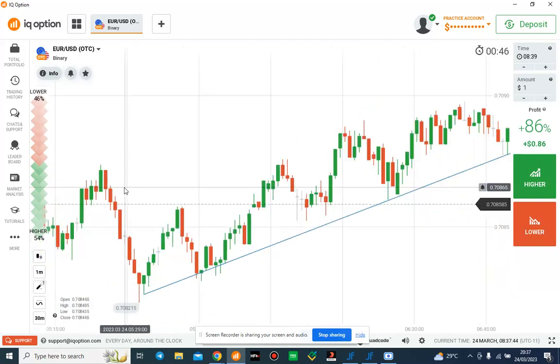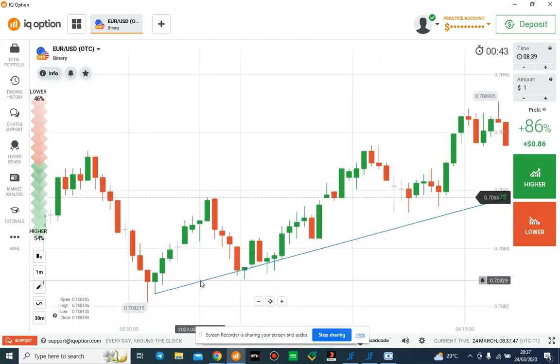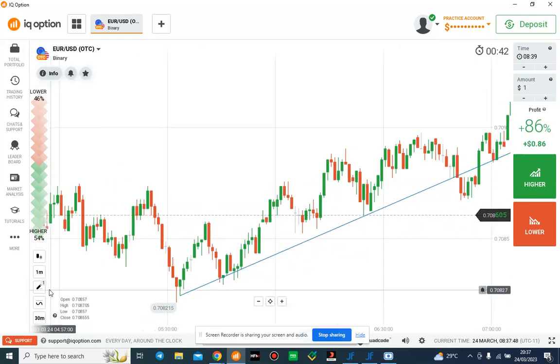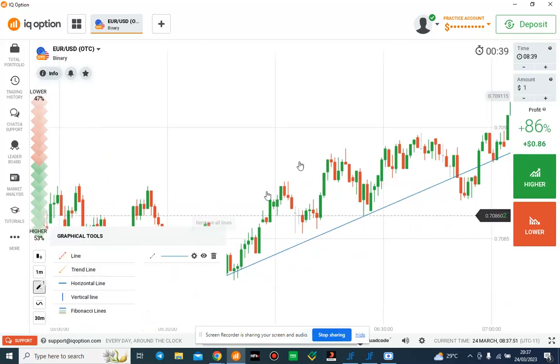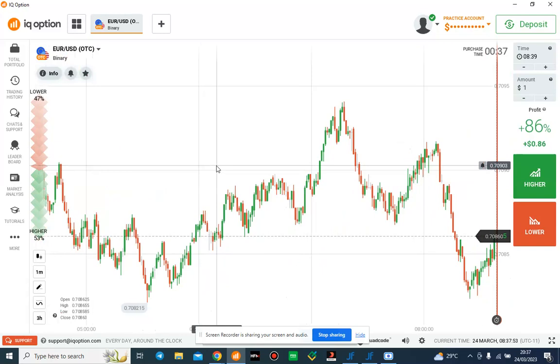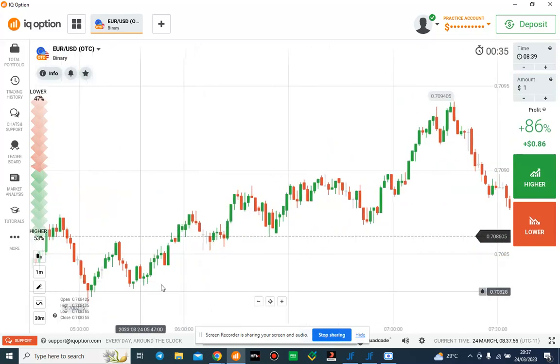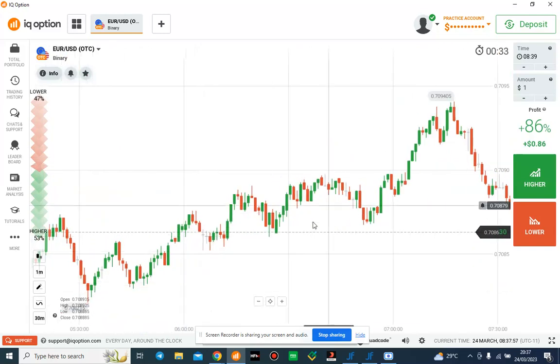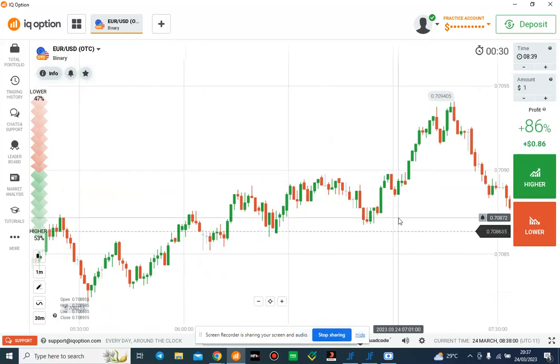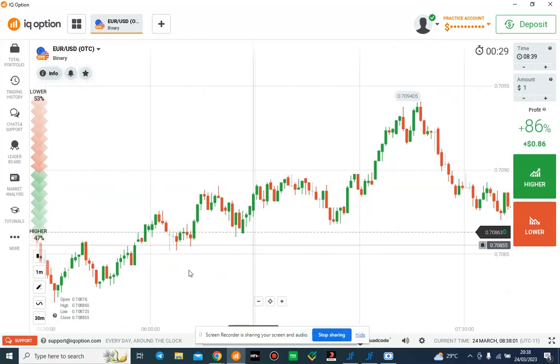So what do we have here? We have a support level. Let me draw it again because I don't want you to be confused about what I did here. I want to draw this trend line to make sure that it touches as many levels as possible, according to the price movement.